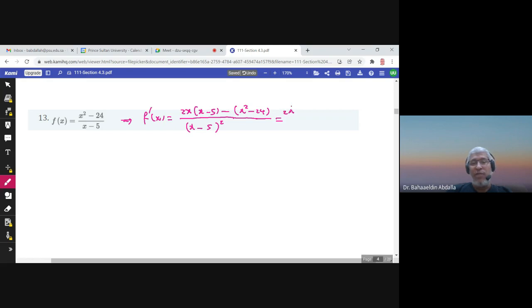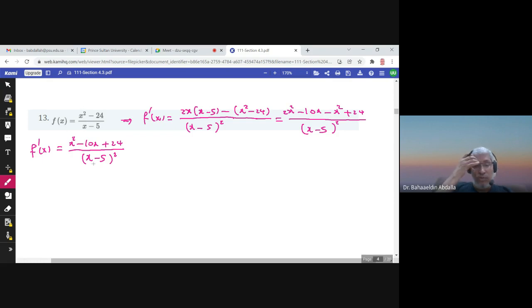So I have 2x squared minus 10x, 2 times 5, minus x squared, and minus times minus plus 24. Now f prime would be 2x squared minus x squared, which is x squared minus 10x plus 24, over x minus 5 to the power 2.